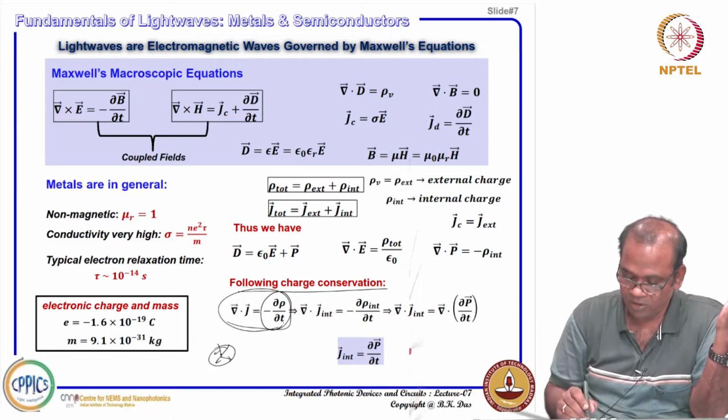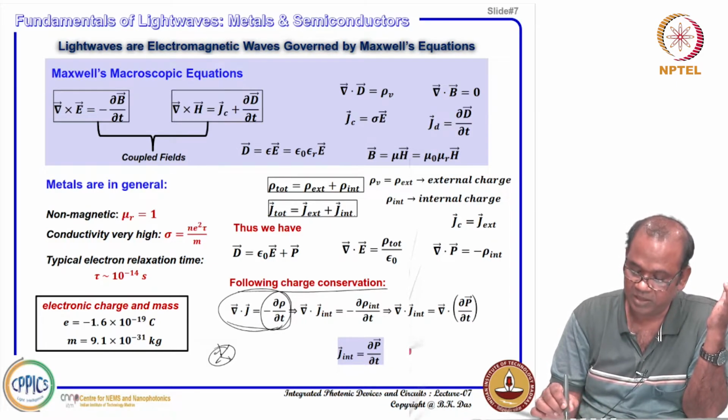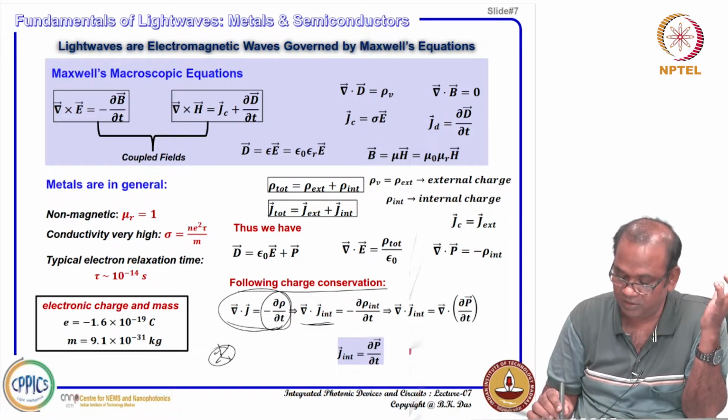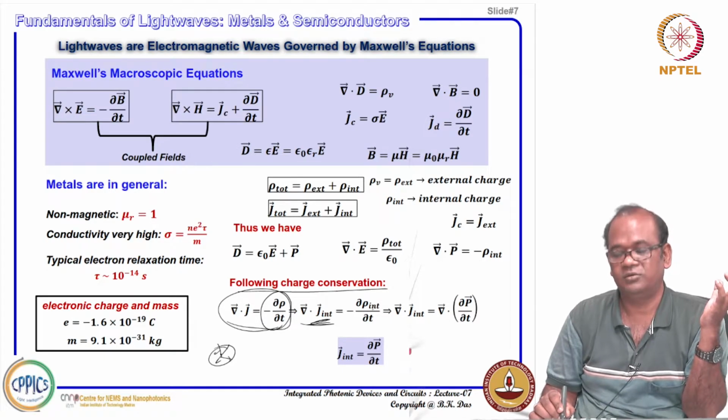Again, we know that rho is rho external plus rho internal, and J is J external plus J internal. If I write this for the internal case, then I can say del rho internal by del t. Whenever I take internal current density, I have to write internal charge.